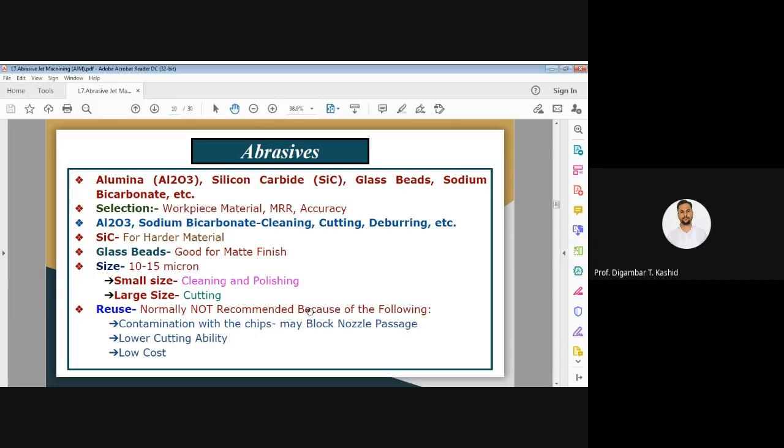Now the removal of these burrs, the material left over on the top or bottom surface of your hole, is important.